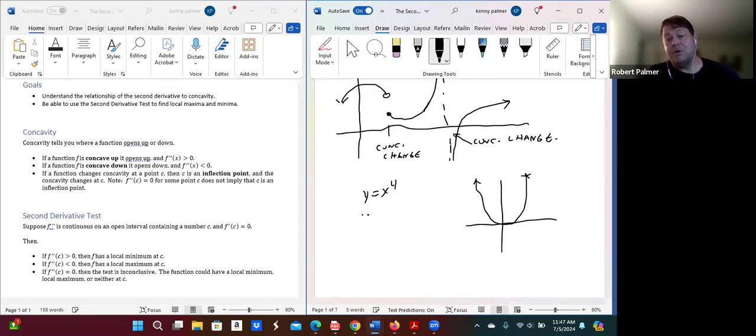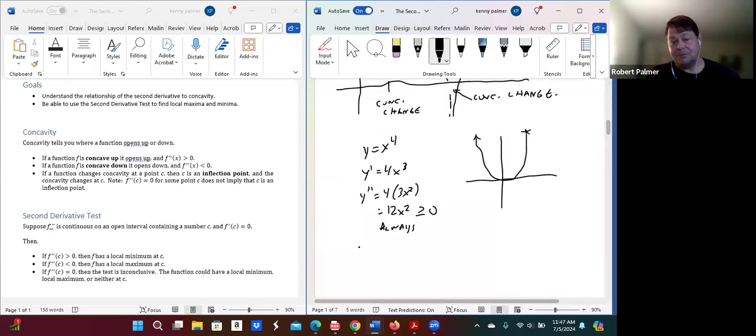But if we take the first derivative, of course, 4x cubed, and then the second derivative is going to be 4 times 3x squared, which is 12x squared. You notice this is greater than or equal to 0, it can be 0, but it's never negative.